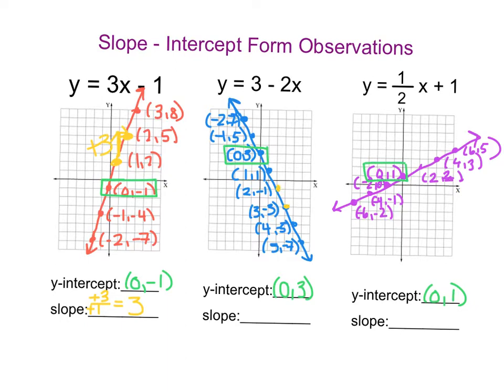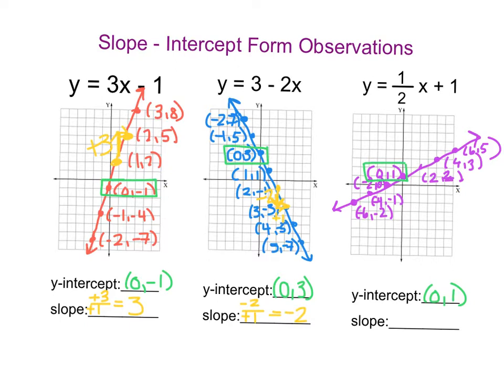To go from point 1 to point 2, my vertical change is -2, over a positive 1 in the horizontal direction. If I simplify that, my slope is -2 over 1, or simply -2.